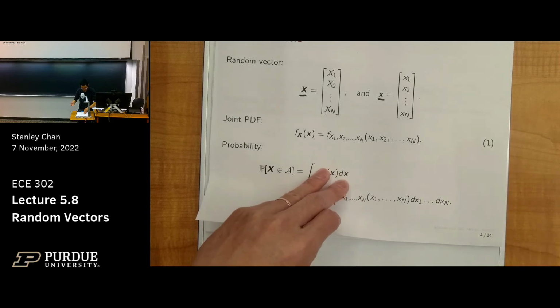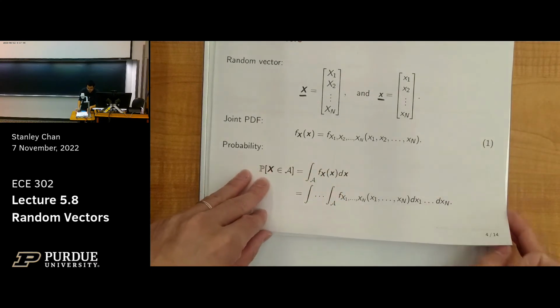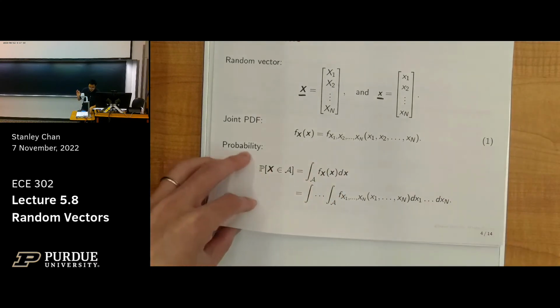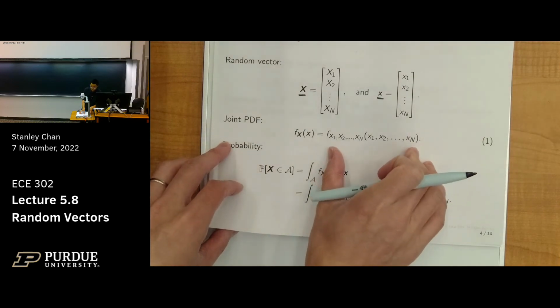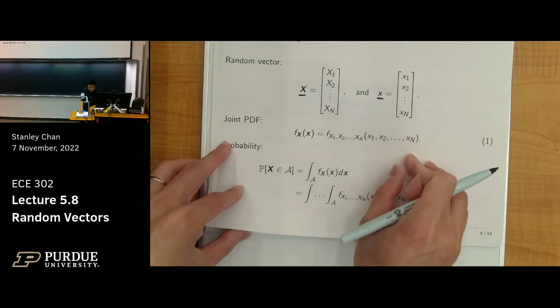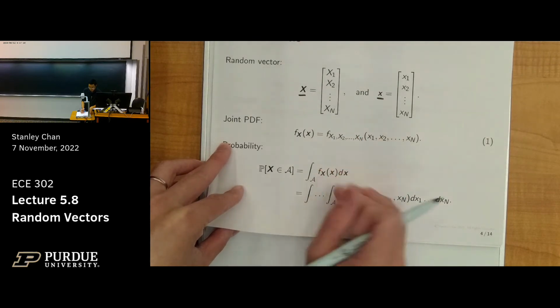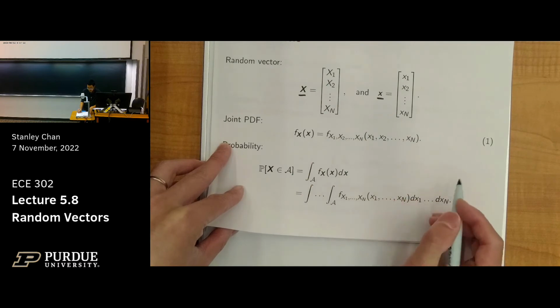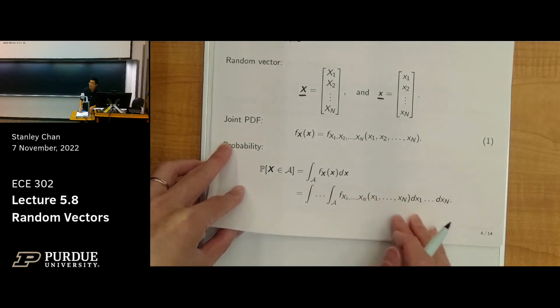So I'm not going to ask you to integrate n random variables, but I'm going to tell you a trick. How do we deal with these all the time? In general, if this is a joint distribution, and if you want to integrate over an area called A, then you have no choice. You need to do this multidimensional integration. It's really, really messy.